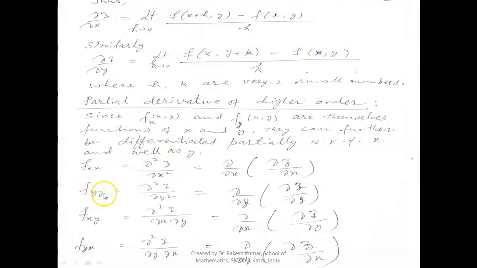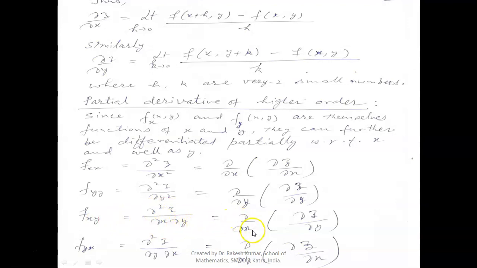Similarly, fyy is equal to del square z upon del y square, which is del del y of del del y of z. The same way, fxy means del square z upon del x del y.